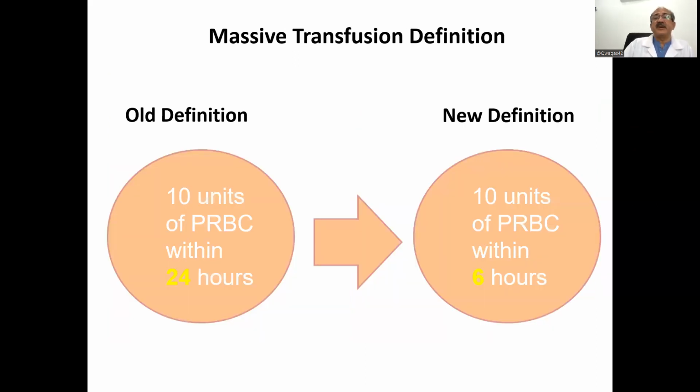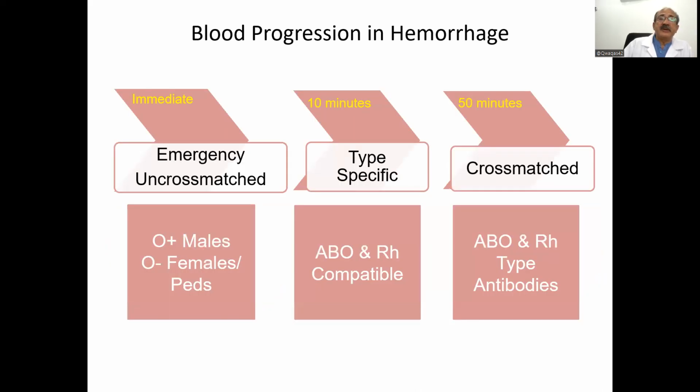What is massive transfusion? In the old days, it was 10 units of packed red blood cells within 24 hours. Now the new definition is 10 units of packed red blood cells within 6 hours. Blood provision in hemorrhage is divided into 3: immediate, 10 minutes, and after 50 minutes.